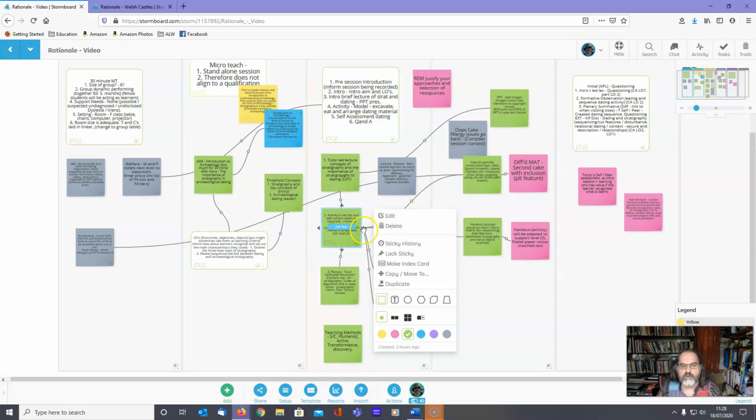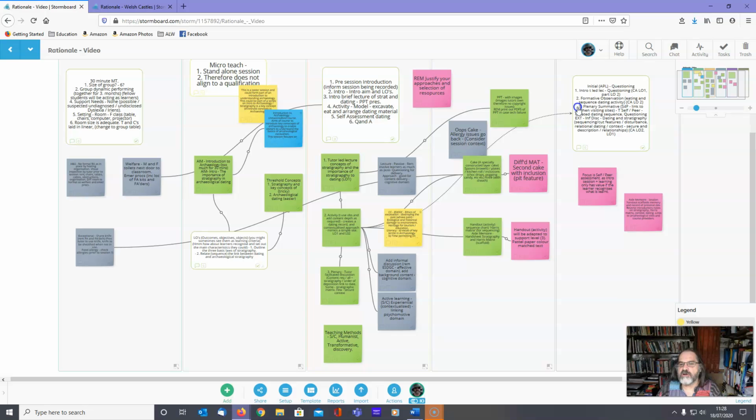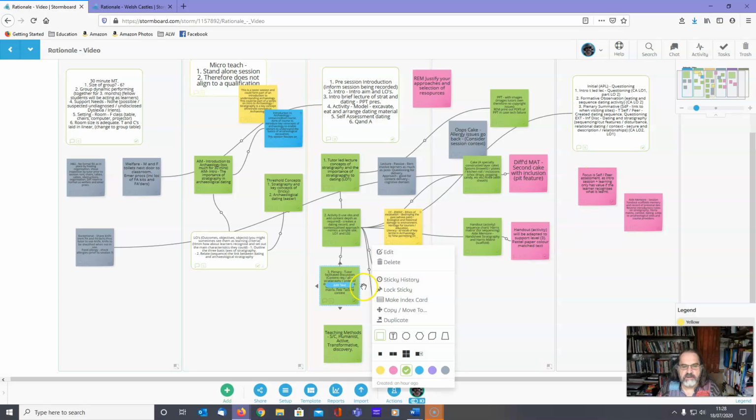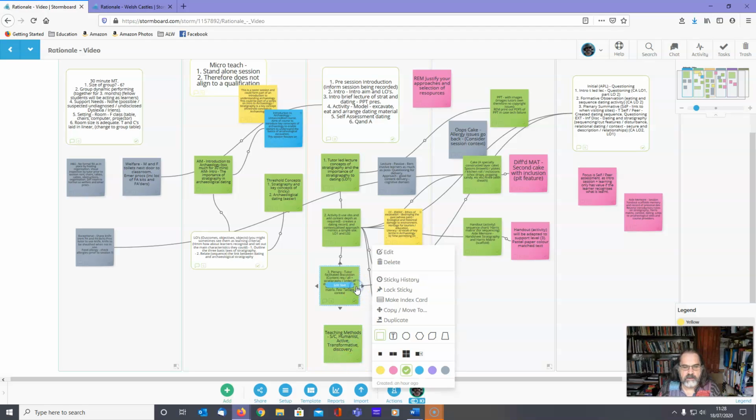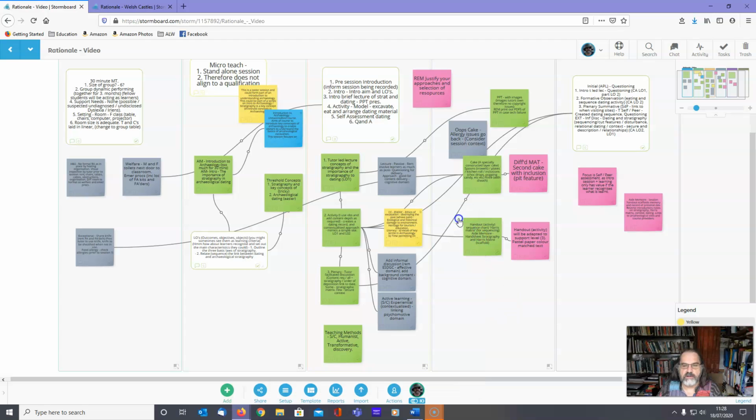So remember, for the introduction I've used questioning, I've used observation, and I've used questioning at the end as well, and I've checked those off, so they all now are linked.